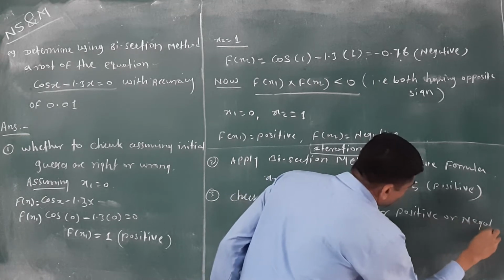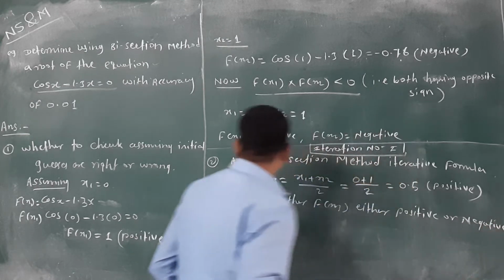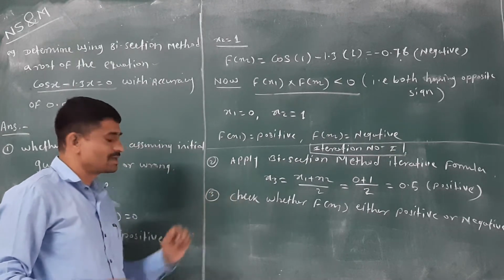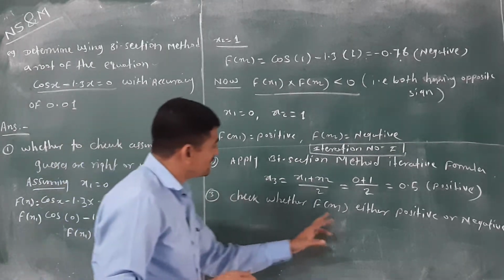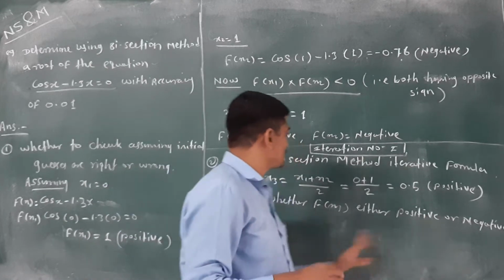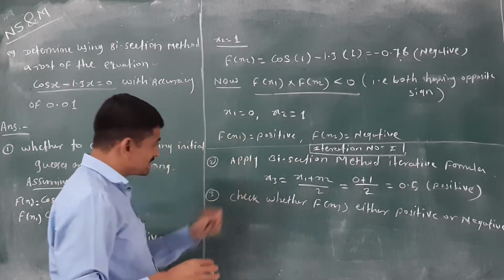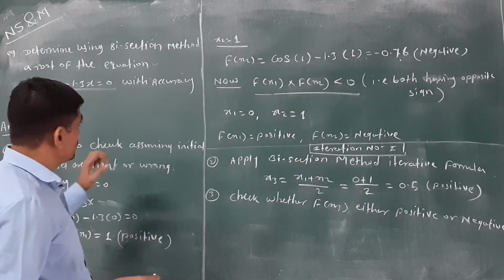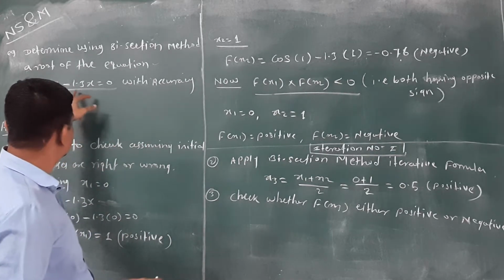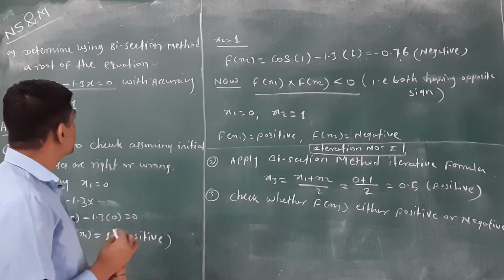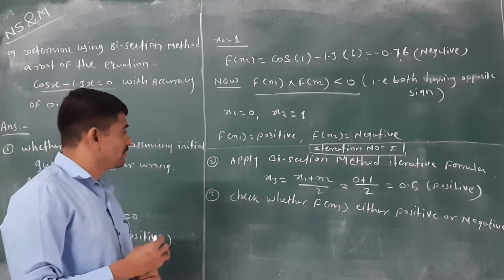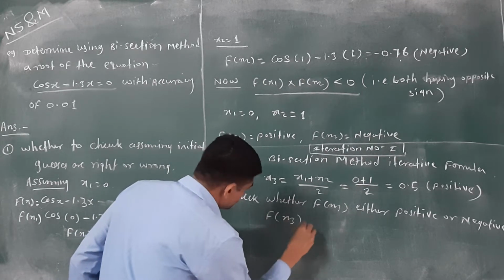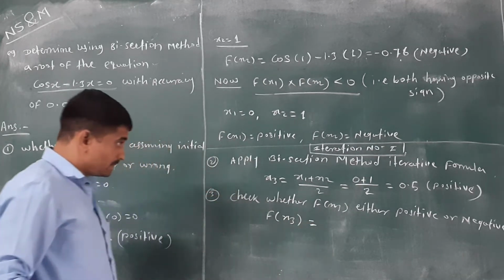All of you getting the step number? Easily you can find step number 2. After that, you have to check in step number 3 whether f of x3 is either positive or negative. We have the x3 value, and the given equation is cos x minus 1.3x equal to 0. Then we will find out whether f of x3 is positive or negative.